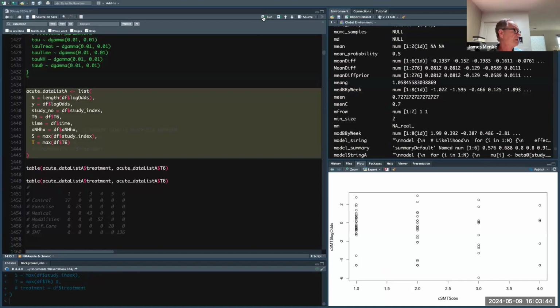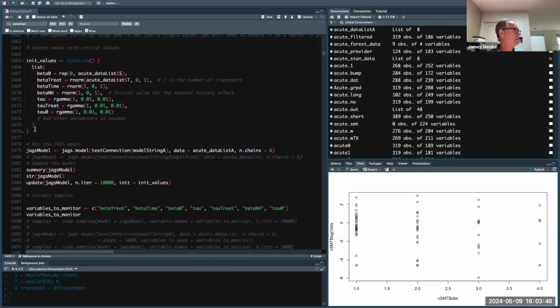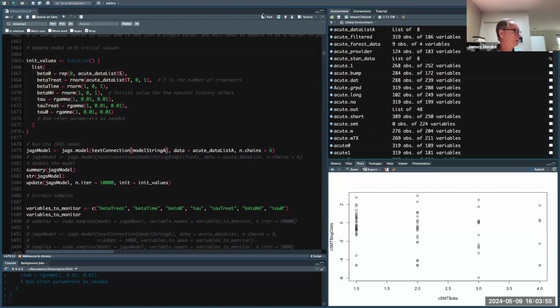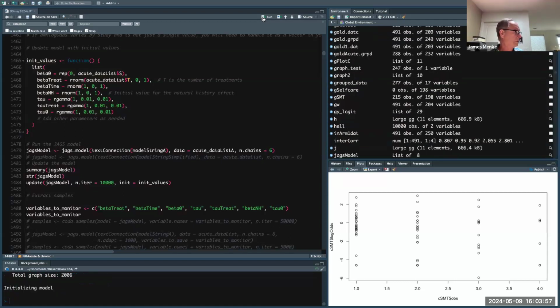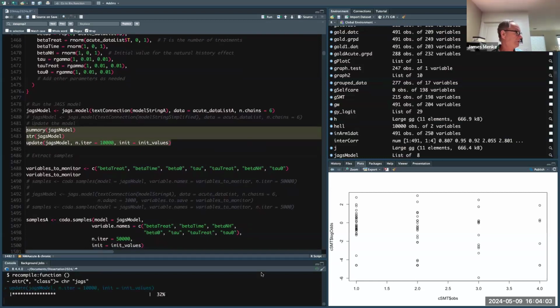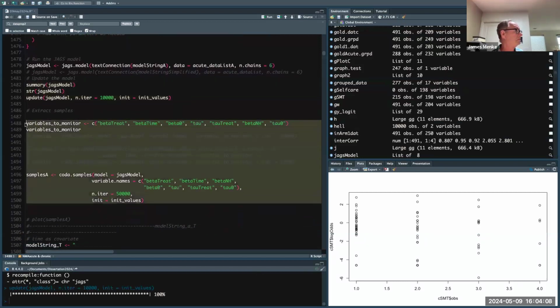There's the data list, initial values, and then run this JAGS thing. I'm going to take 10,000 samples from that. I'm going to run it again and take 50,000 samples.